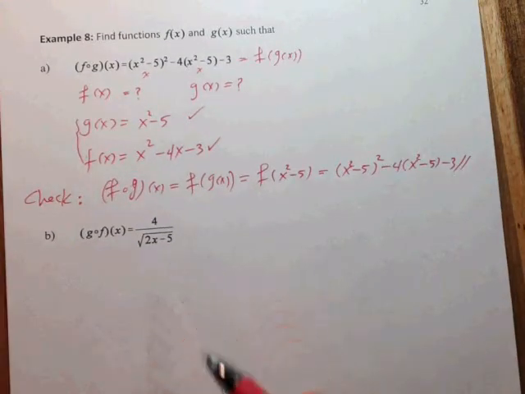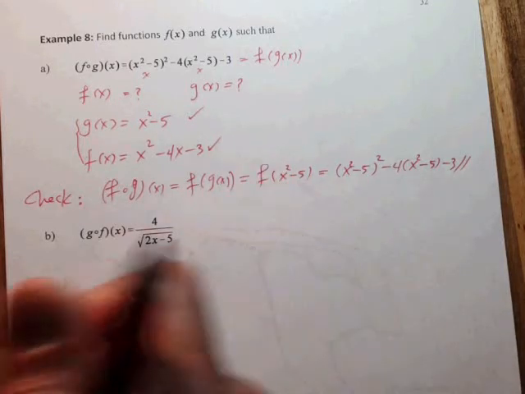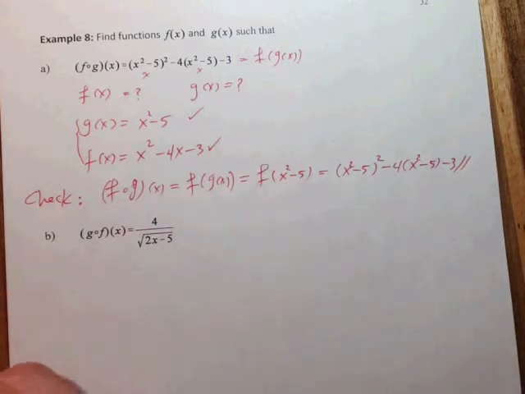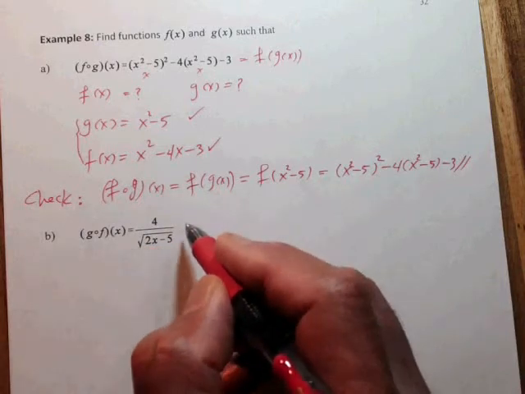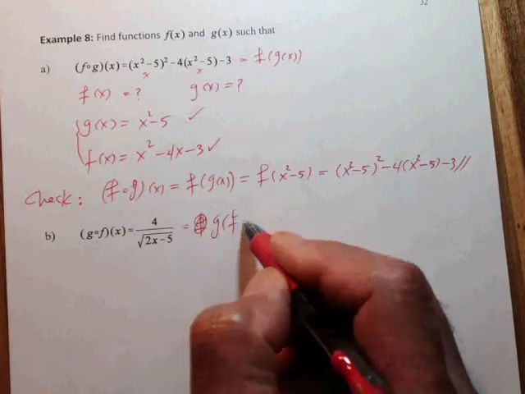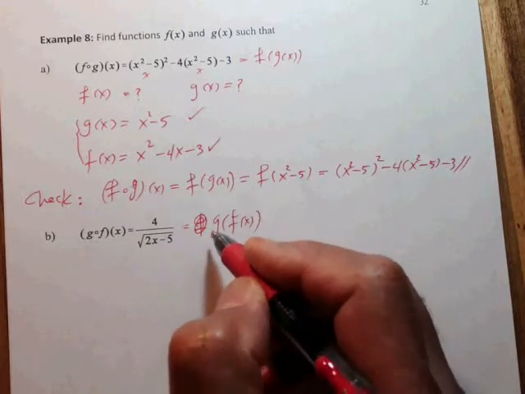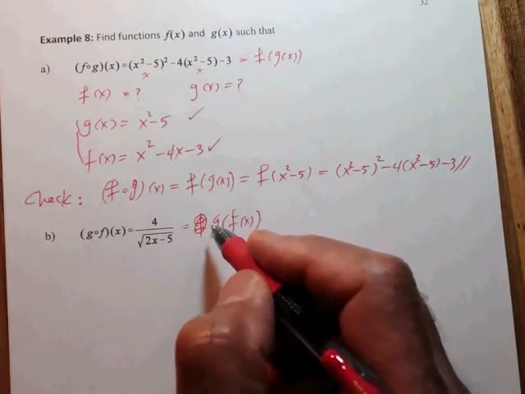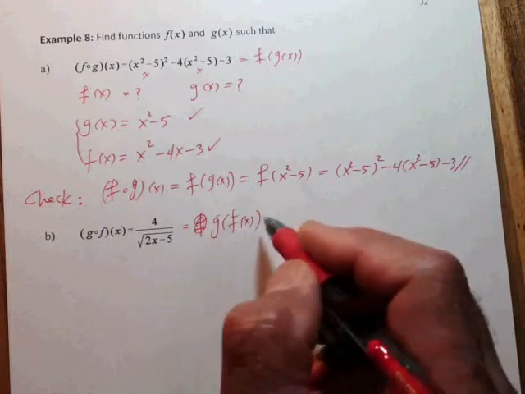Now look at this next example. Sometimes there is more than one answer. Like this example down here is one of those types of examples where you get more than one possibility. So what do you think? So this is going to be g of f of x. So I'm looking for a function f that has replaced all the x's in g.